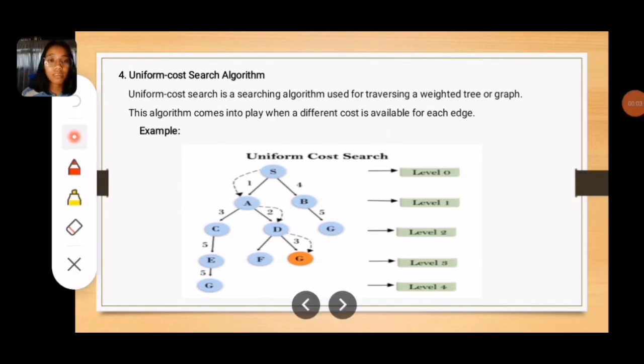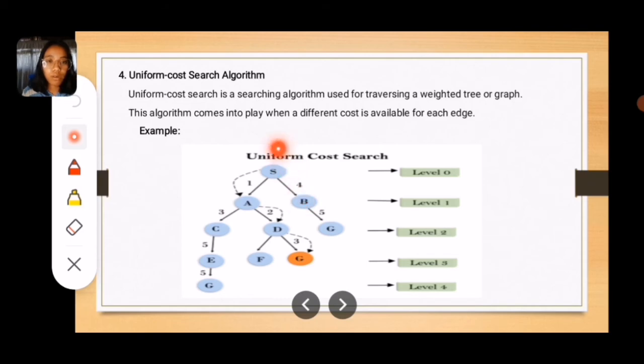Here is an example of uniform cost search. We have to take the minimum, the lowest accumulated cost. So, first we start with the root node. From the root node, we take 1 and 4.